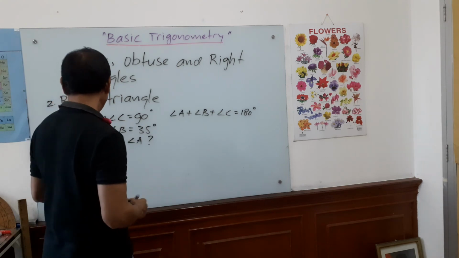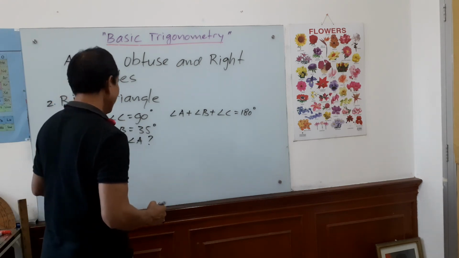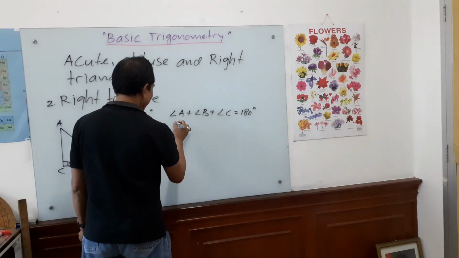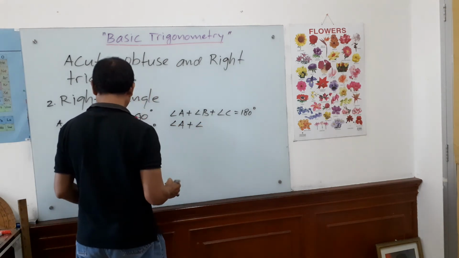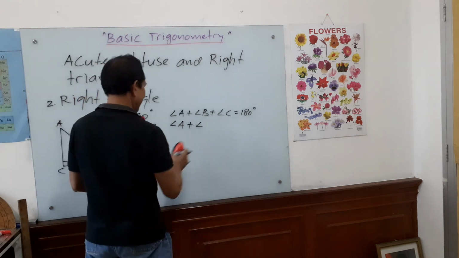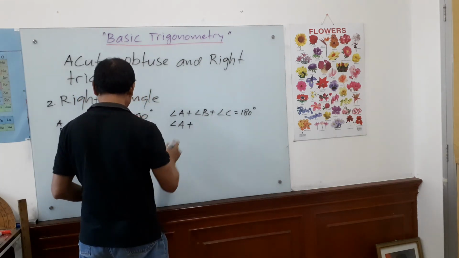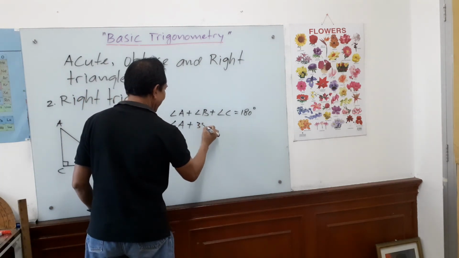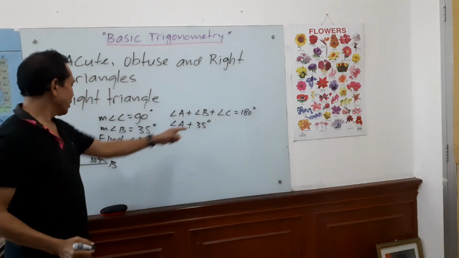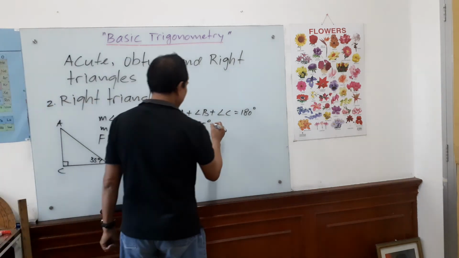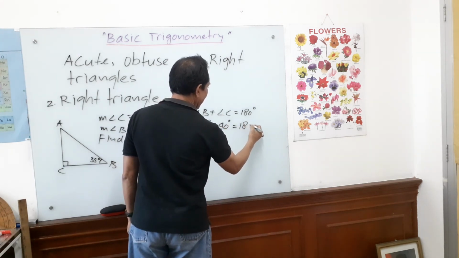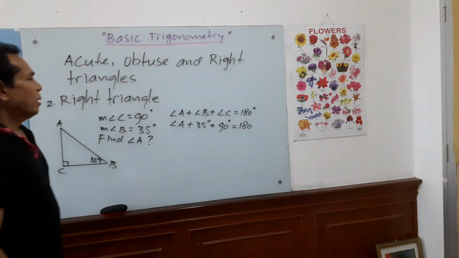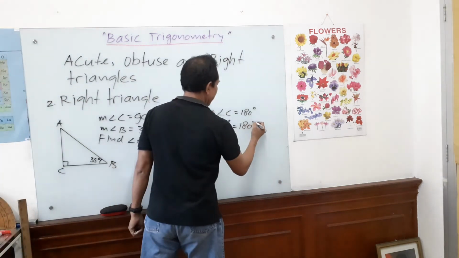Now, how many angles here we know? We know C, so A we do not know. So angle A plus angle B, we know B, angle B is 35 degrees, plus 90 degrees equals 180 degrees.